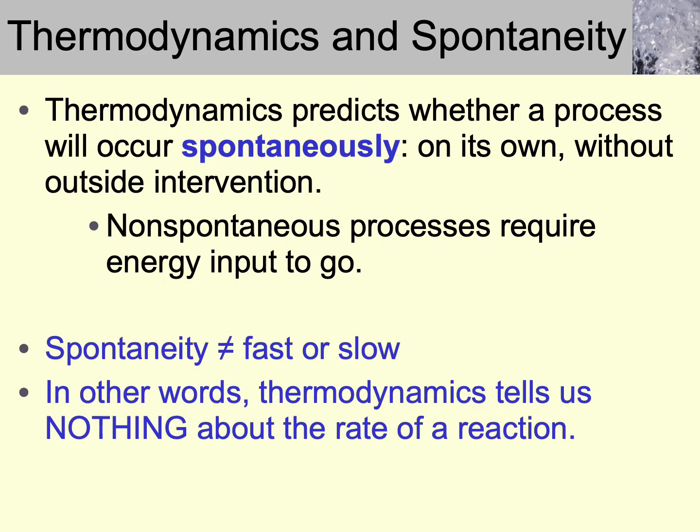So we have learned enthalpy, heat content. But now we need to determine whether a process is spontaneous or not. Very slow can still be spontaneous. Thermodynamics predicts whether a process will occur spontaneously on its own without adding anything to it.